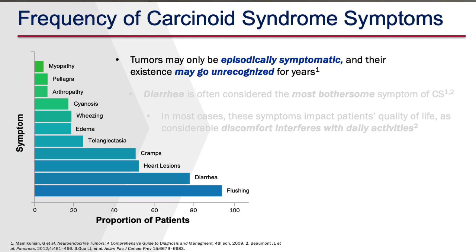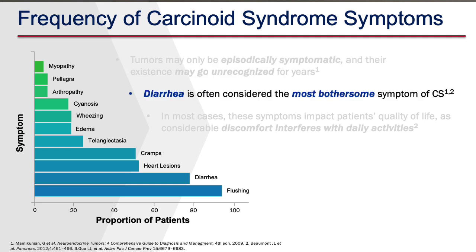Sometimes the symptoms, even the diarrhea and abdominal pain, are confused with irritable bowel syndrome, and patients are undiagnosed for years. Like Marianne was saying earlier, we need to do further work to diagnose this earlier, to educate our physicians to recognize that these symptoms can also be related to neuroendocrine tumors, so they can be detected earlier.